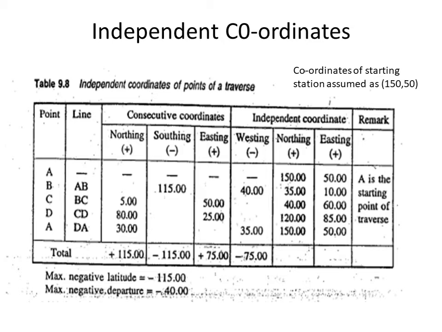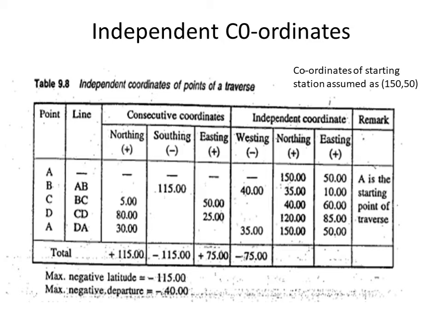fourth quadrant. The values are directly calculated by making use of L cos theta and L sin theta, where L is the length of line AB and theta is the reduced bearing of line AB. Similarly, L is the length and theta is the reduced bearing taken for calculating the consecutive coordinates for the lines AB, BC, CD and DA respectively.